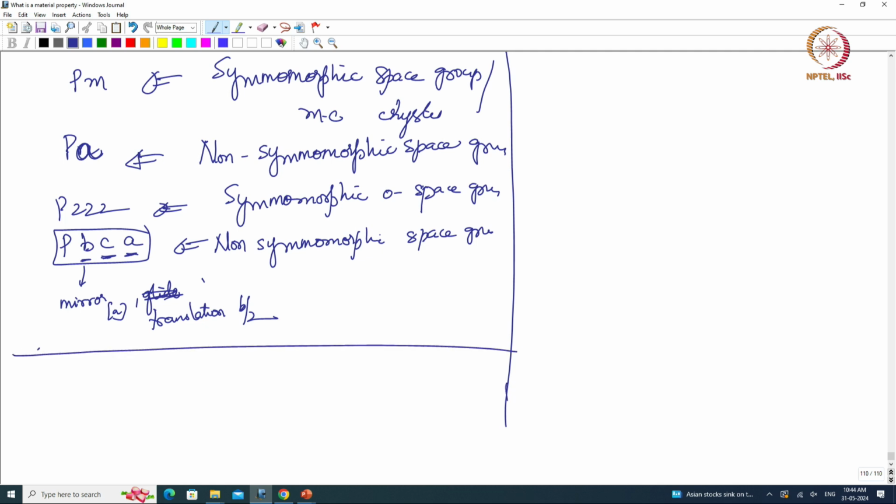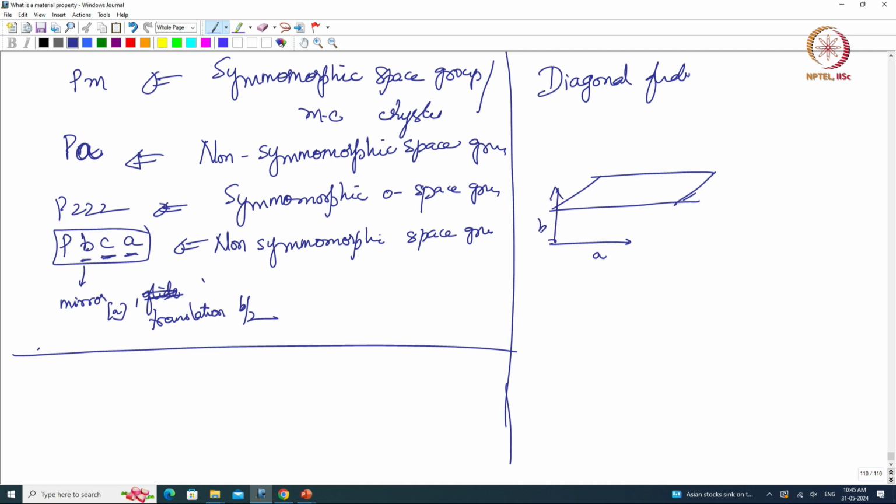All right. Now, what else? We can have what are called diagonal glides. If I have a mirror this way and my axes are ABC, let us say this is A, this is B and this is C, then I mirror it, but now instead of moving axially either about A or about C, this is my B mirror, so this is a mirror about 0 1 0.